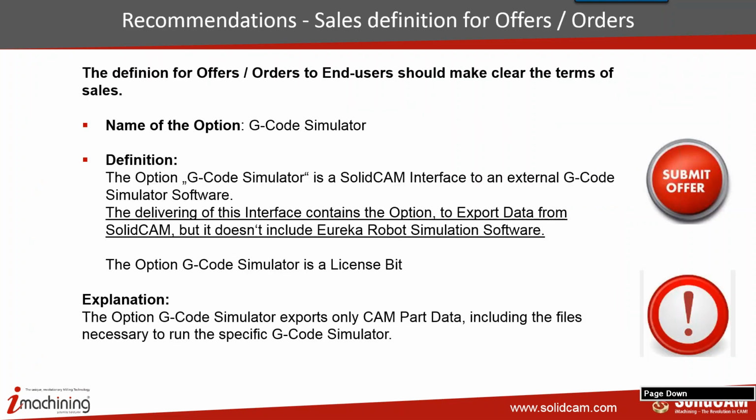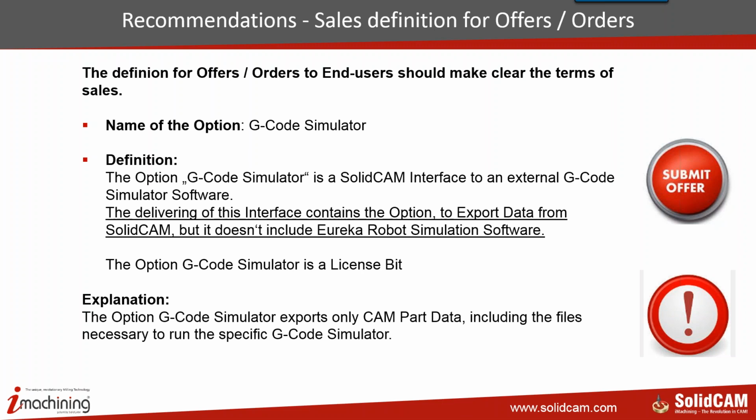The last point is, if you are going to sell the option for the G-code simulator, it is important to express this in your offers. Maybe users think, I have an option for a G-code simulator, and they push the button and nothing is working. We have had such cases in the past. This is why I'm talking about it.